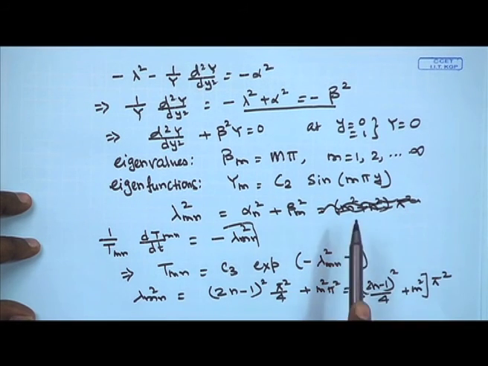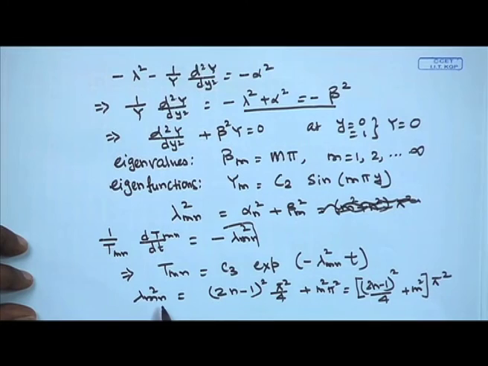In the previous case, when we had the homogeneous boundary condition on both x and y directions, we had lambda_mn square as (m square plus n square) into pi square. But in this case, one of the eigenvalues is (2n minus 1) pi by 2, another eigenvalue is m pi. So, therefore, the expression of lambda_mn square will be ((2n minus 1) square by 4 plus m square) into pi square.